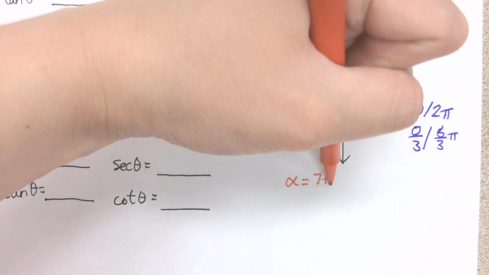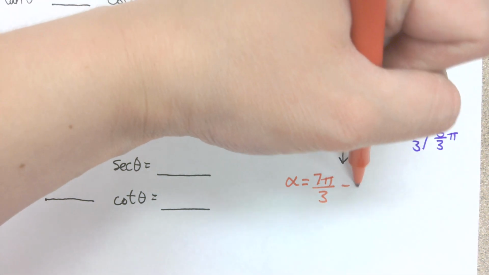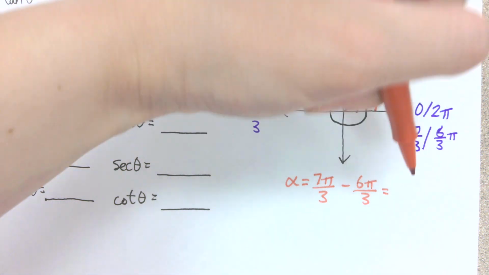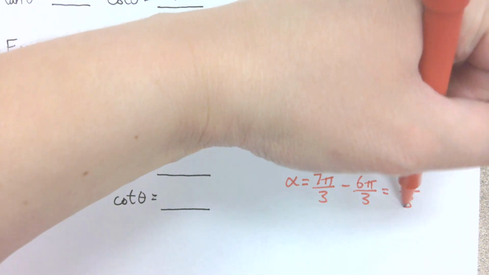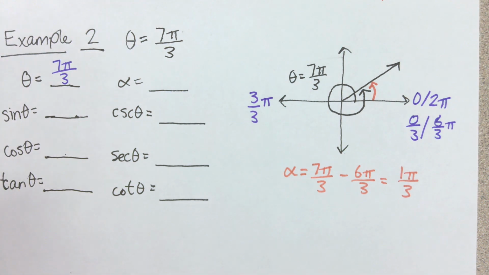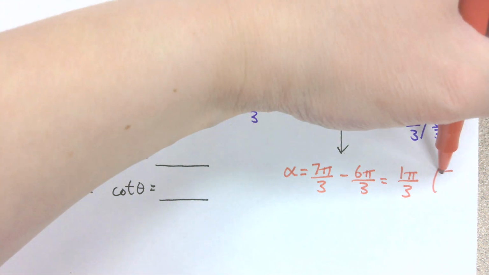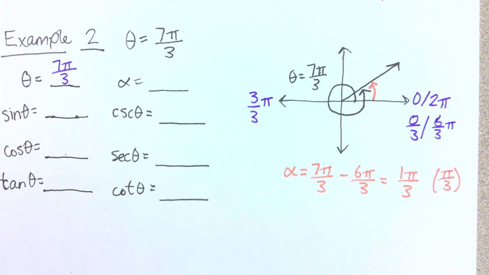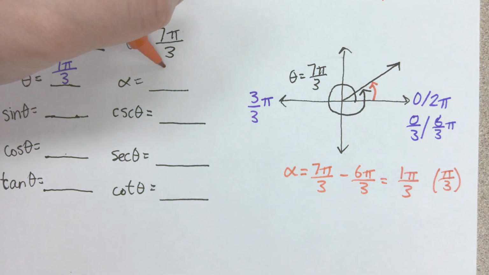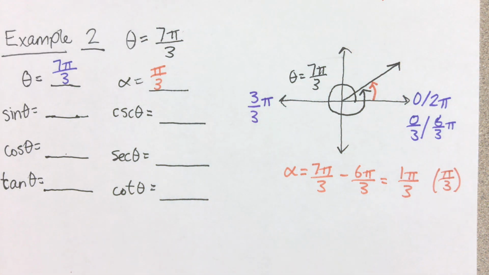So the calculation behind it is 7 pi over 3 minus 6 pi over 3 is 1 pi over 3. Or if you prefer, just pi over 3. So alpha is pi over 3. Don't change it to degrees yet. Get it in the answer blank first.